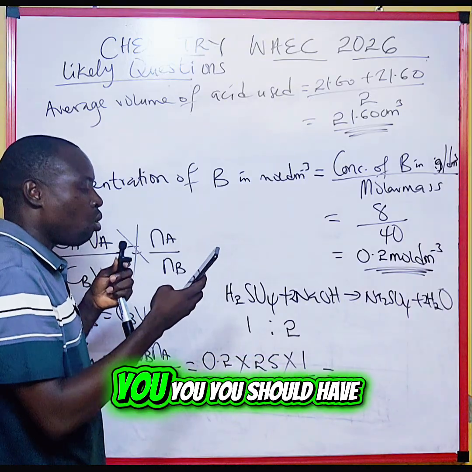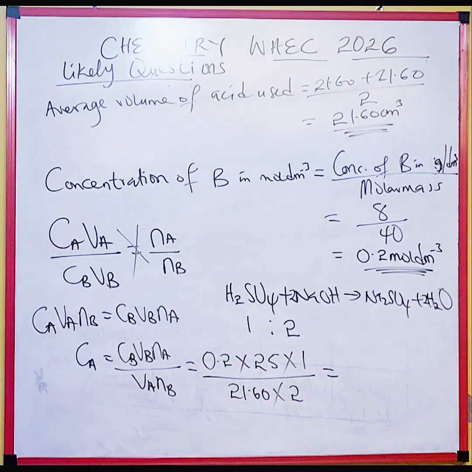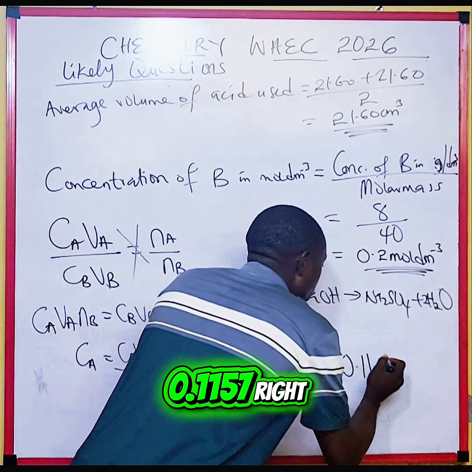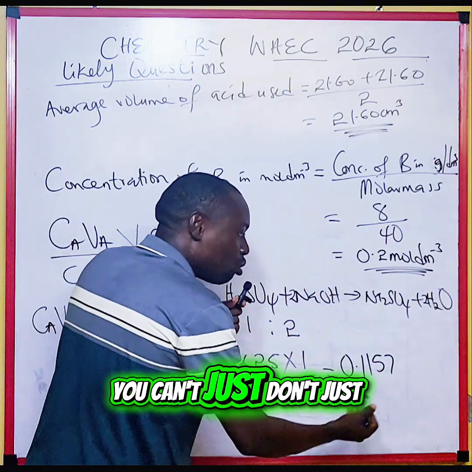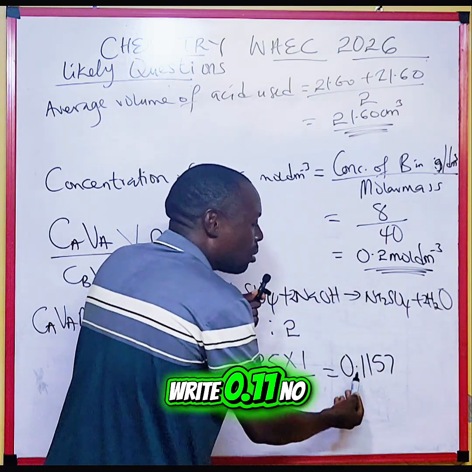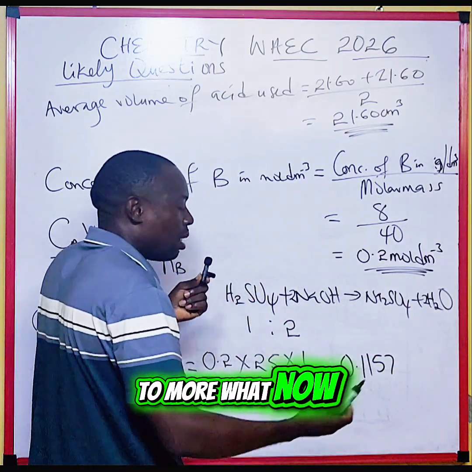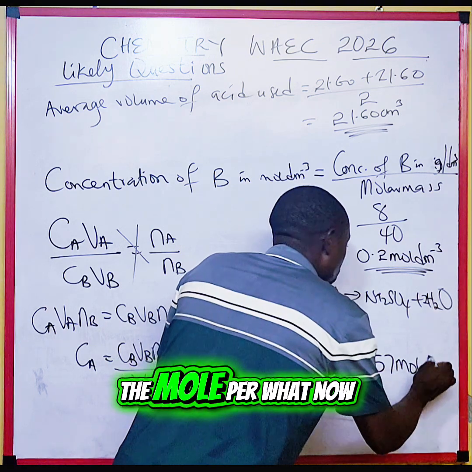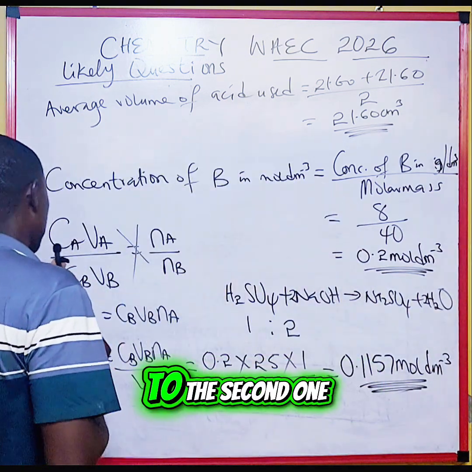When you divide it, you should have 0.1157. 0.1157, right? And don't just write 0.11. You should take it to more decimal places. So you put the unit here, mole per dm cube. This is the final answer to the second one.